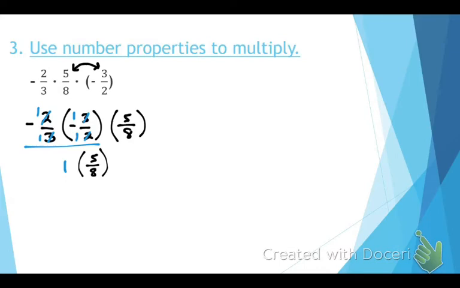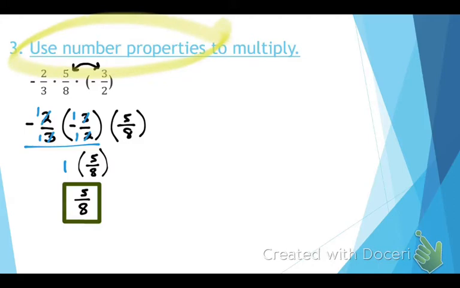What does it mean when a number is right next to parentheses? Times. Multiply. So what's 1 times 5/8? 5/8. 5/8 is correct. So when you get to your quiz and it asks you to use the number properties, that means you're going to show me that you understand you're allowed to move the fractions or the numbers around using the commutative property.